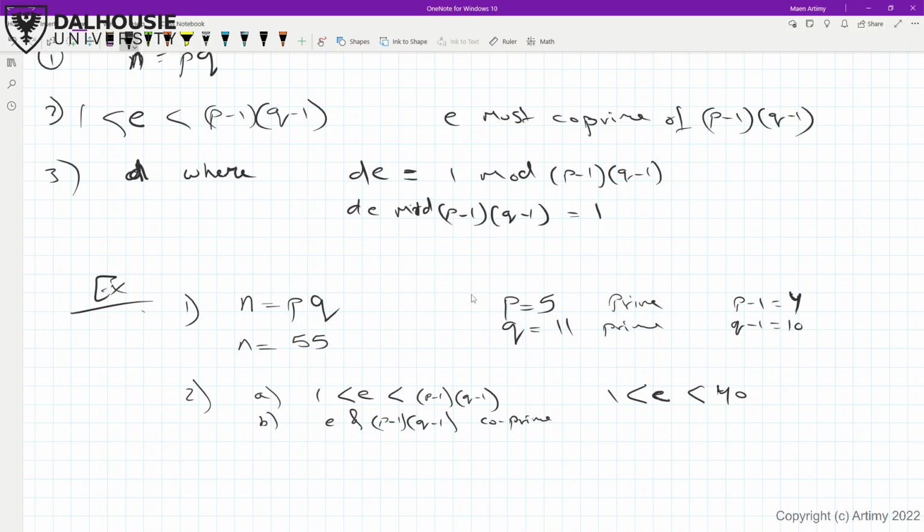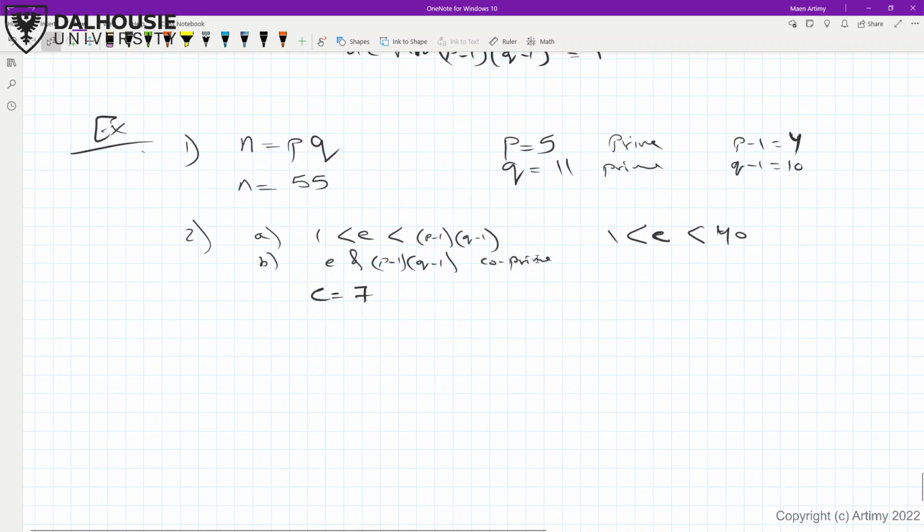If I use 5, it doesn't work because 45 and 40 share the same factor, which is 5. If I use 6, well, they share the same factor of 2. 7, well, 7 sounds good. 7 is also a prime number, so we guarantee that it's not a factor of 40. So let's call E 7.